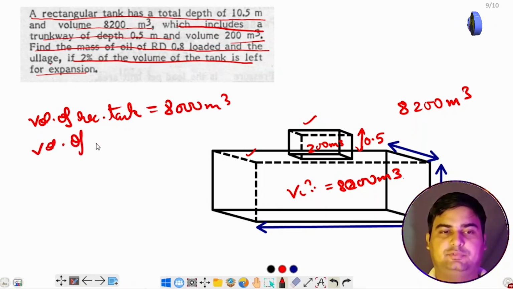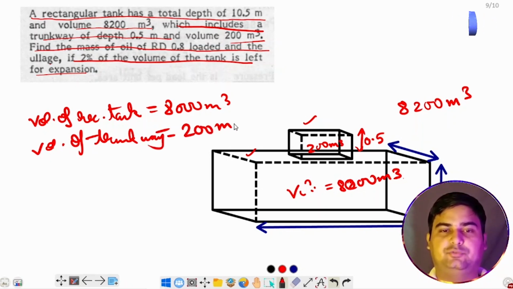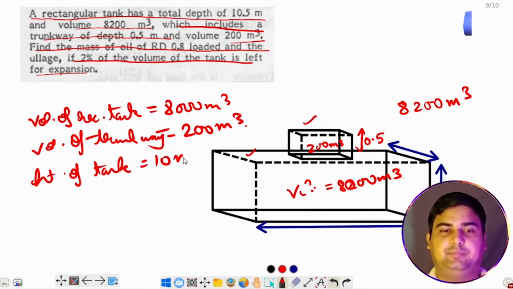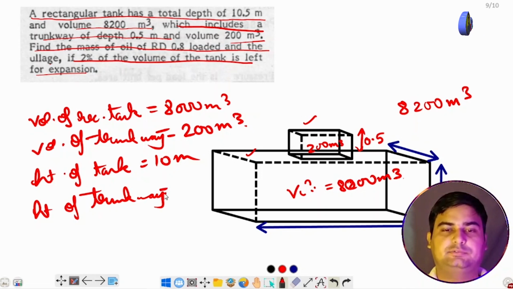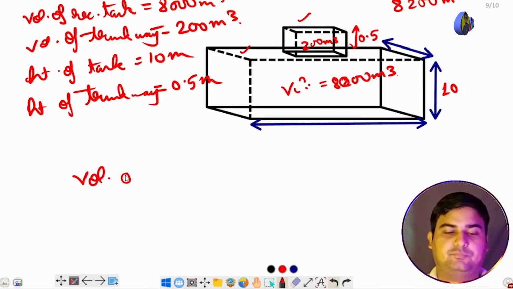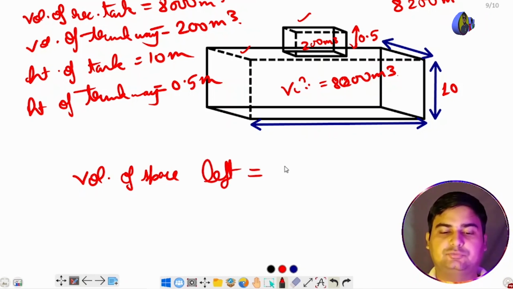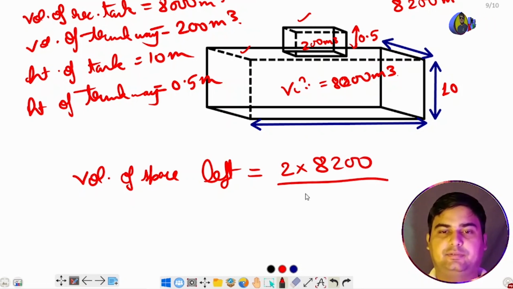Volume of trunkway is 200 meter cube. Height of tank 10 meters and height of trunkway is 0.5 meters.